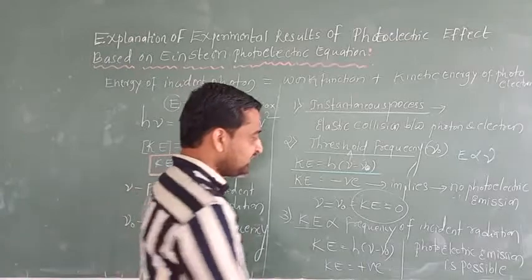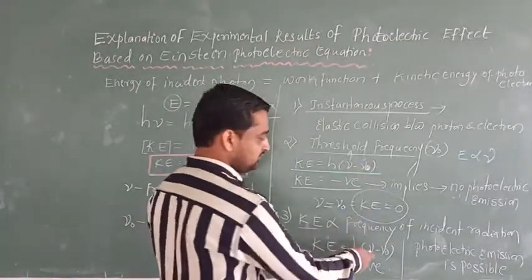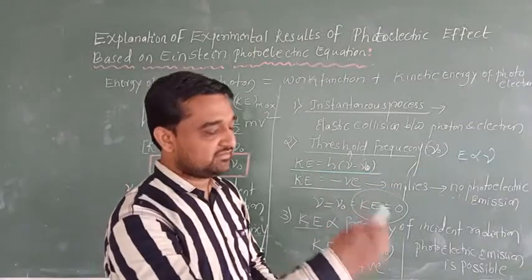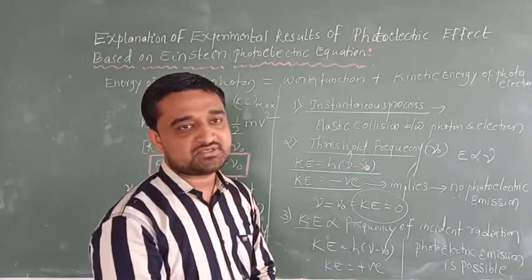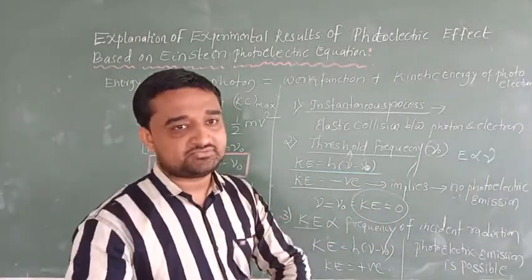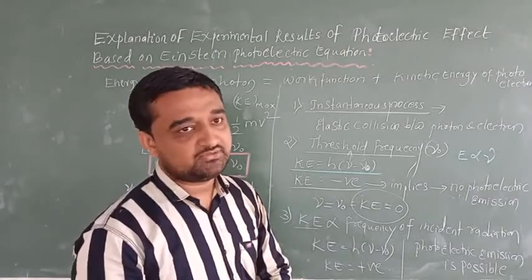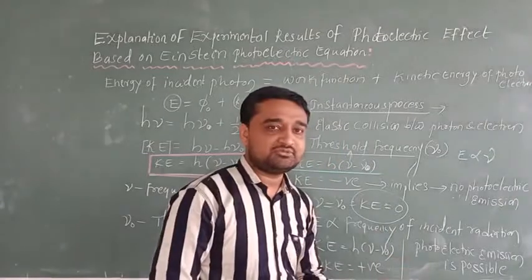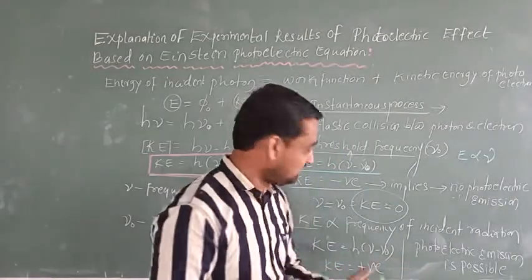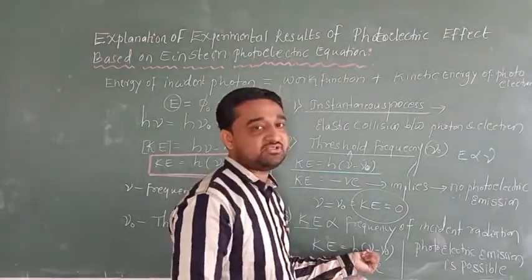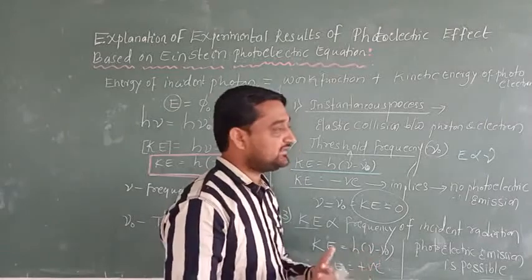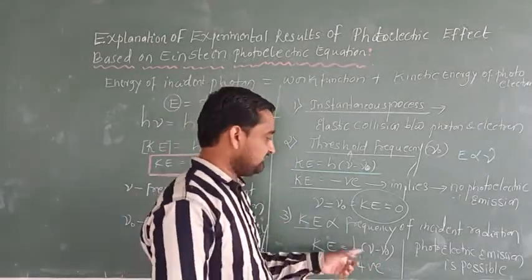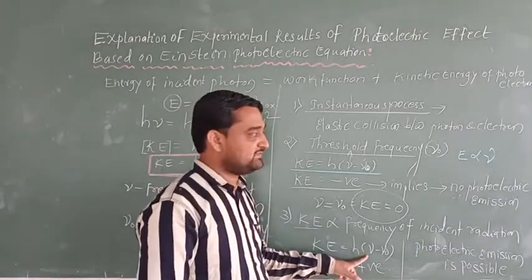And when nu increases, the frequency of incident radiation increases, the energy of the photon also goes on increasing, then the kinetic energy of the electron also goes on increasing. Only the work function of the metal is constant. Finally, the kinetic energy of the photoelectrons increases with increase in the frequency of incident radiation.